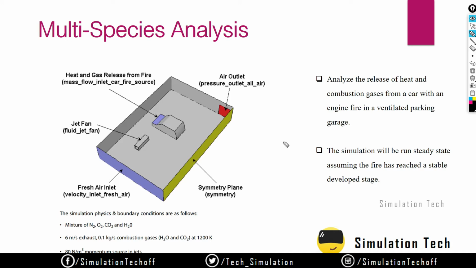If you have a combination of a lot of fluids like N2, O2, carbon dioxide and H2O vapor, we call it multi-species. In the atmosphere we have a mixture of air like N2, O2, CO2 and H2O. Everything is given over here.